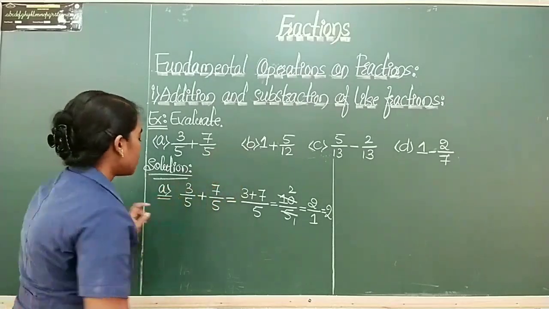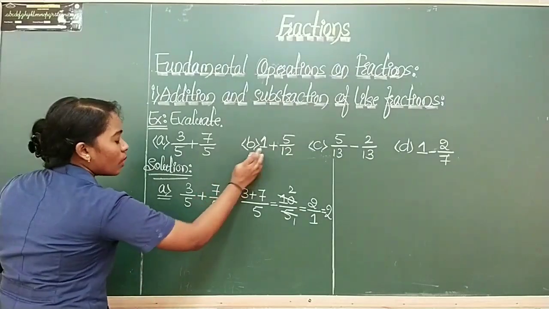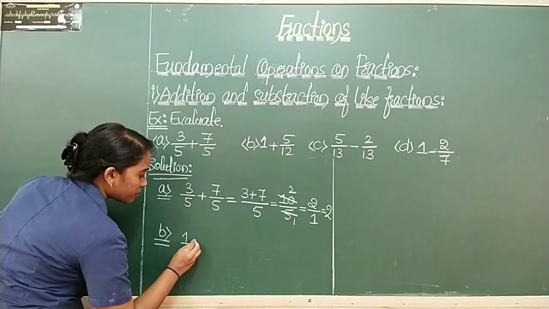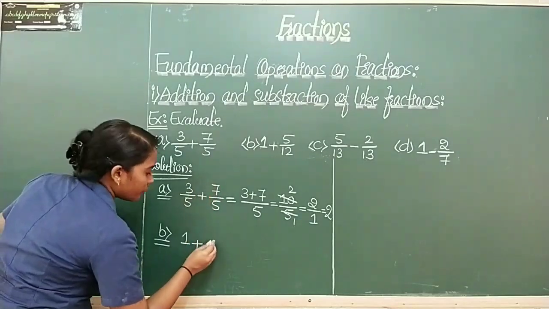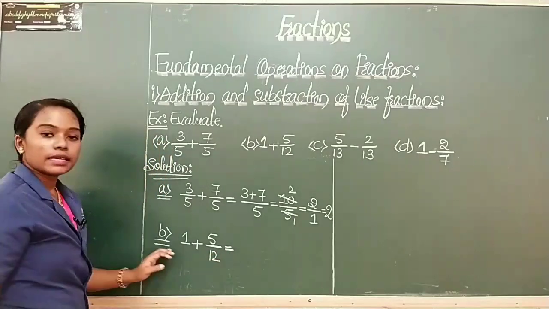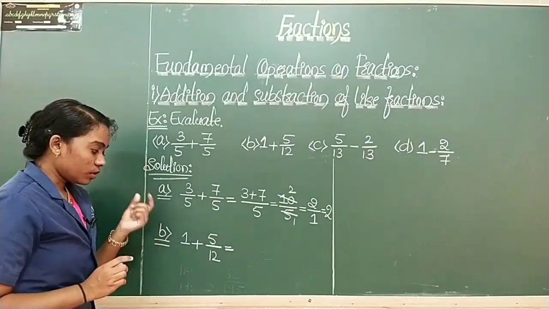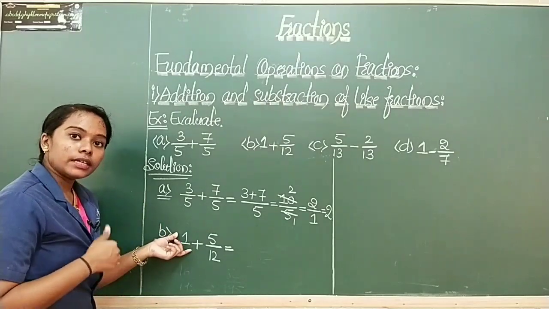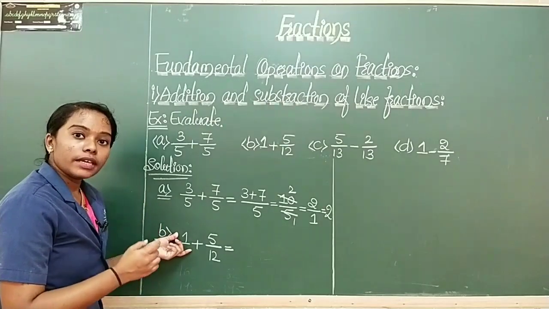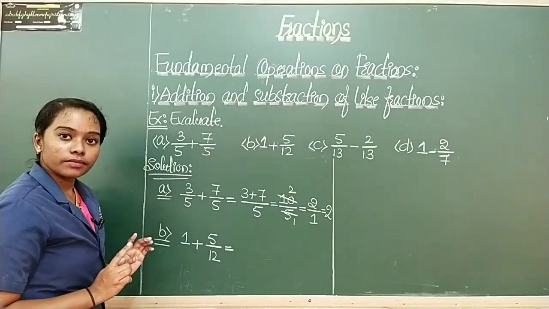Let's solve the second example. 1 plus 5 by 12, which is equal to. See here. Here we have 1. We have to write 1 in terms of fraction in which the denominator should be 12.